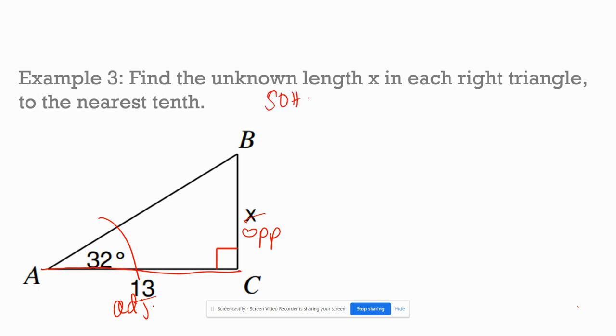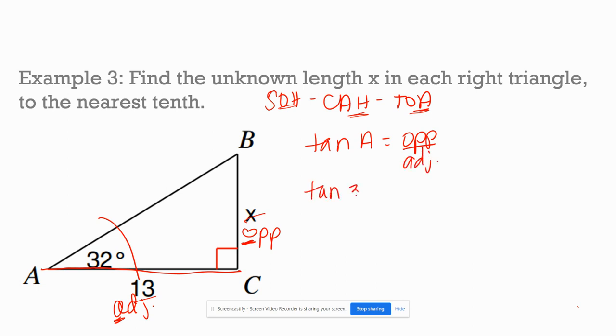So all I need to know is TOA. Going to glance at my trig functions and ask myself, which trig function uses O and A? Well, as I'm looking at my letters here, I notice that tangent is the one that uses O and A. So tangent of A in this case is opposite over adjacent.